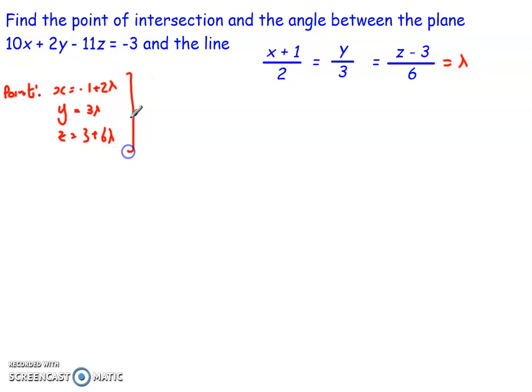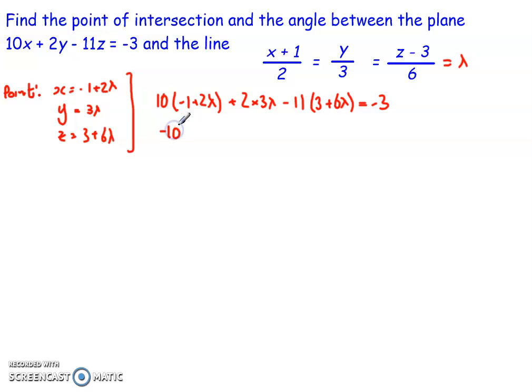Now I take all of these and substitute them into the equation of the plane here. So I'm going to get 10 bracket negative 1 plus 2 lambda plus 2 times the 3 lambda there minus 11 times the 3 plus 6 lambda equals minus 3. Multiply out the brackets, then simplify it.